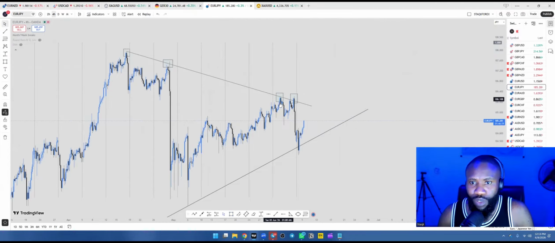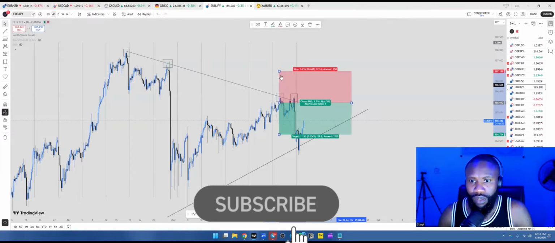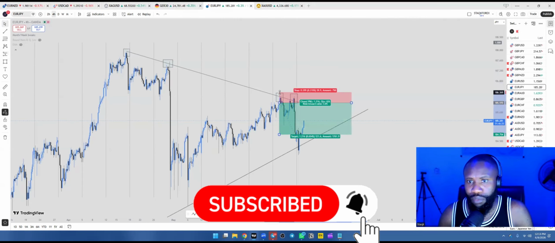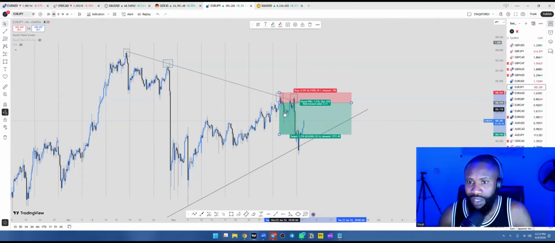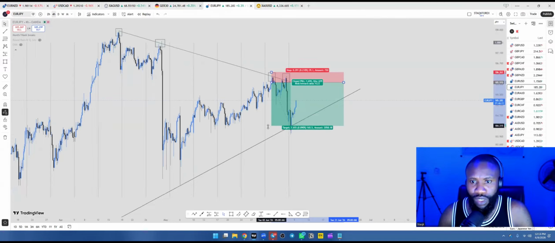Once price comes into this region, which is the third touch, we have an engulfing candle, so you can take advantage of that. Then your stop loss will be at the back of the trend line, exactly the way I showed you. Now you take your profit on this level.